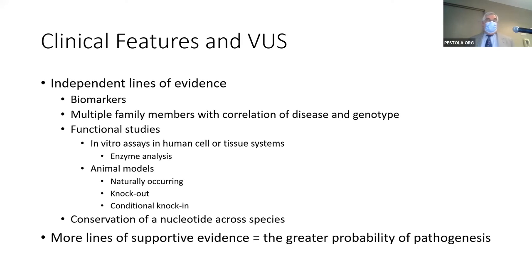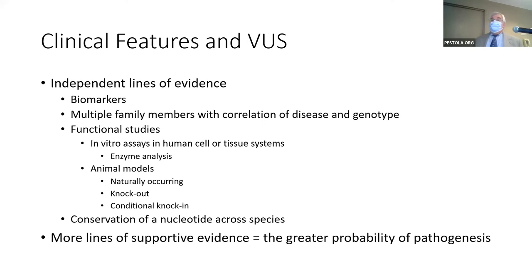Can we build a knockout or a conditional knock-in or any of the other variants that we can do in animal models? Well, great academic centers, not so good for the large majority of individuals, because you need a big facility behind you in order to do that.